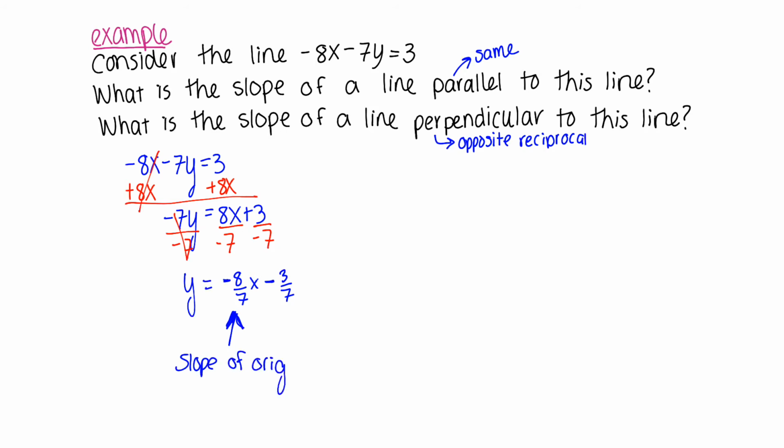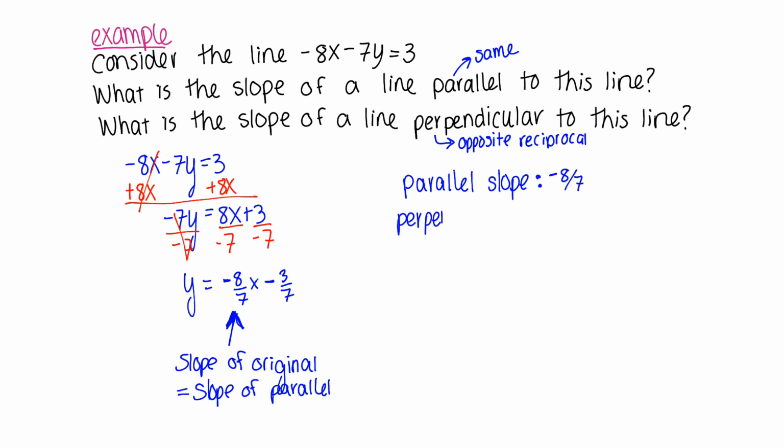The slope of the original is the same as the slope of the parallel. So the parallel slope is going to be -8/7.